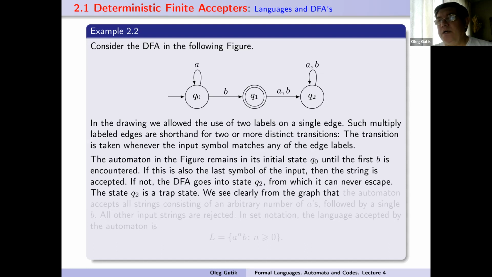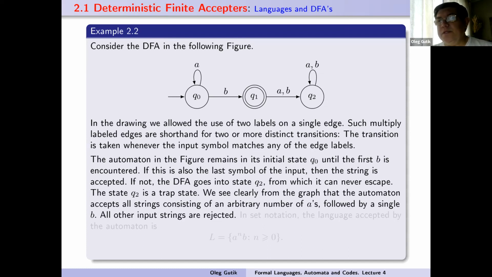We see clearly from the graph that the automaton accepts all strings consisting of an arbitrary number of A's followed by a single B. All other input strings are rejected. In set notation, the language accepted by the automaton is L, which consists of the strings of the form A to the power N followed by B, where N is a non-negative integer.